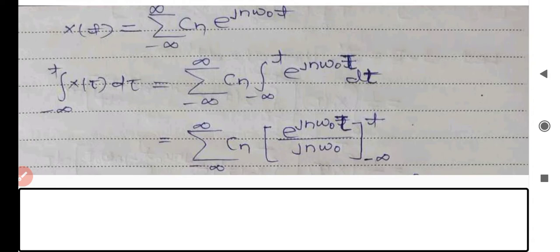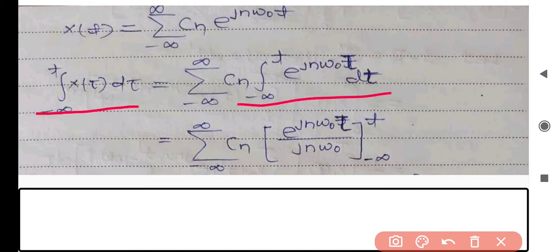If we integrate both sides of this equation with respect to tau, where the limit is from minus infinity to t, then the left side of the equation will become the integration of x(tau) d tau from minus infinity to t, and the right side will become the sum over n from minus infinity to plus infinity of Cn times the integration of e power jn omega naught tau d tau.